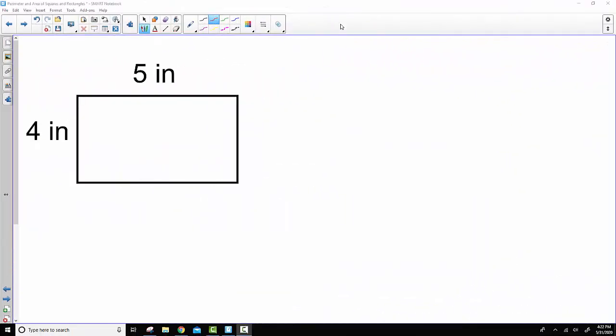Our final example is another rectangle. There are 2 sets of parallel lines and 4 right angles. Now let's turn our focus to the perimeter of this shape. We know that the perimeter is the outside edge of a shape, and we must always count what the number is on that outside edge, the number of units.